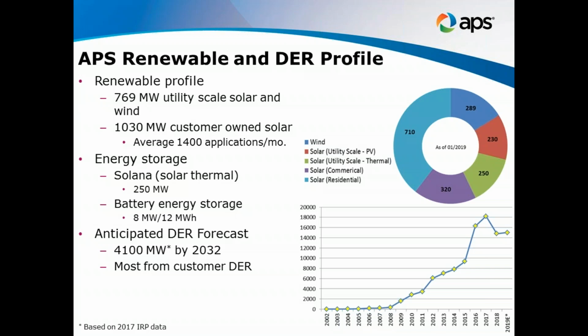The majority of those commercial and residential installations are customer owned. And the growth rate of the residential applications particularly is growing significantly. We're adding between 100 and 150 megawatts per year over the last few years in residential installations, and that pace is expected to continue into the near future.